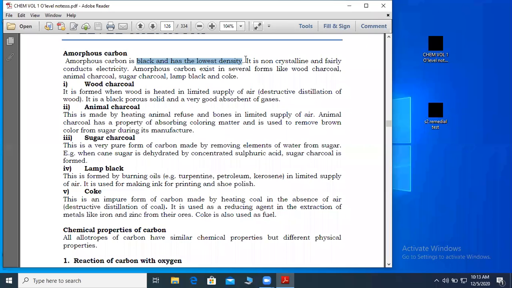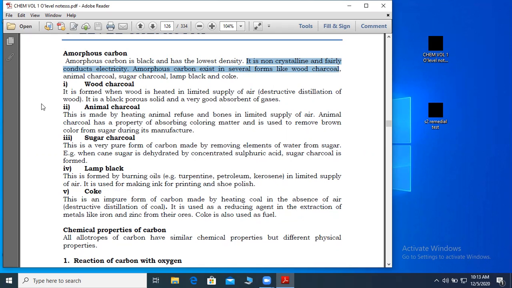It is non-crystalline and fairly conducts electricity. Amorphous carbon exists in several forms like wood charcoal, animal charcoal, sugar charcoal, lamp black, and coke.